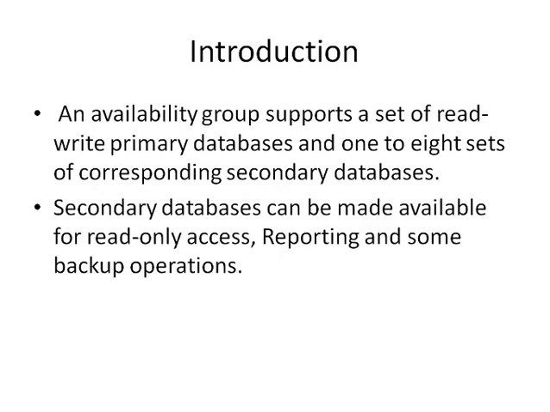So an availability group supports a set of read-write primary databases, with one to eight, probably nine, sets of corresponding secondary databases. Secondary databases can be made available for read access, reporting, and some backup operations. So over here we have one database and we can create eight more read replicas for those databases.